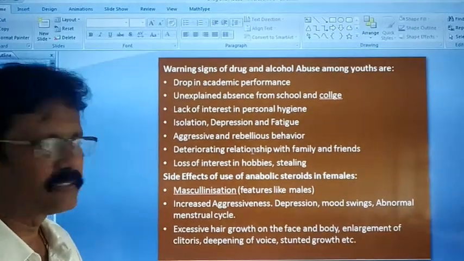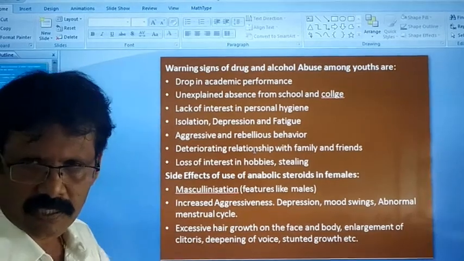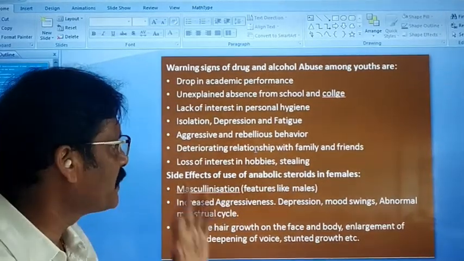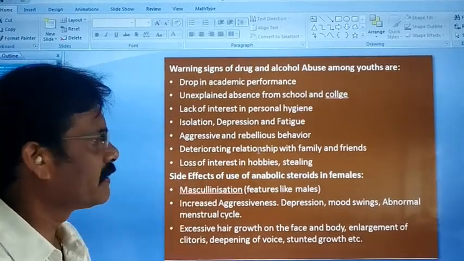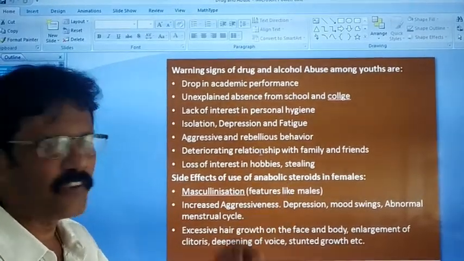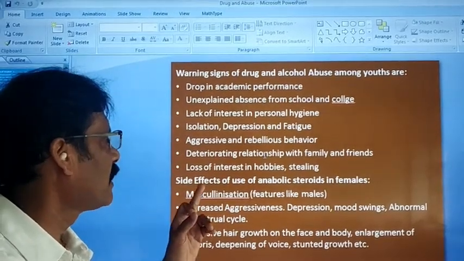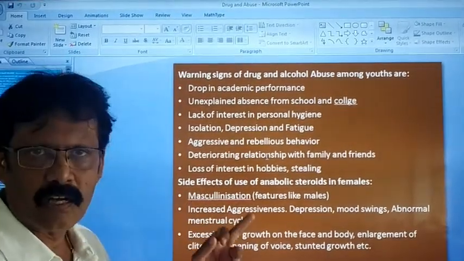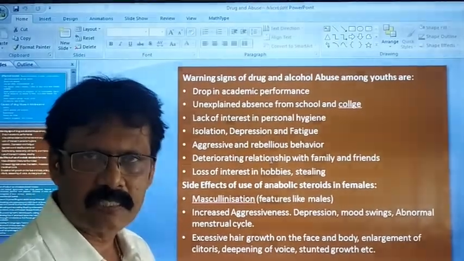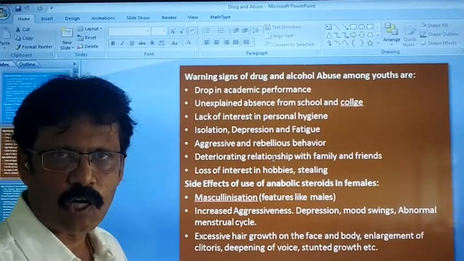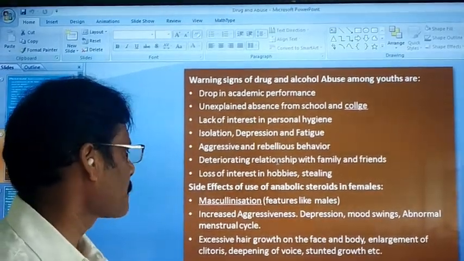Aggressiveness and rebellious behavior. Deteriorating relationships with family and friends. Last one is loss of interest in hobbies, and they develop hobbies like stealing.